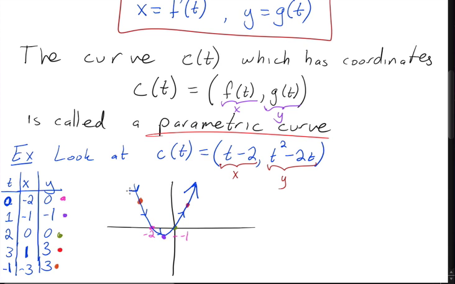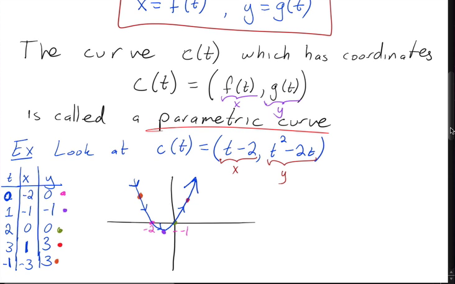All right, that wasn't very exciting. We already knew how to write parabolas, right? This is by plotting points. Notice that you have x equals t minus 2 and y equals t squared minus 2t.